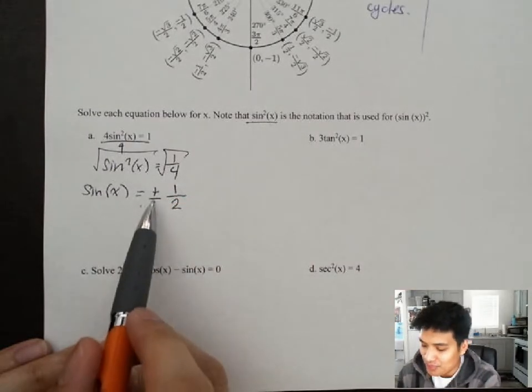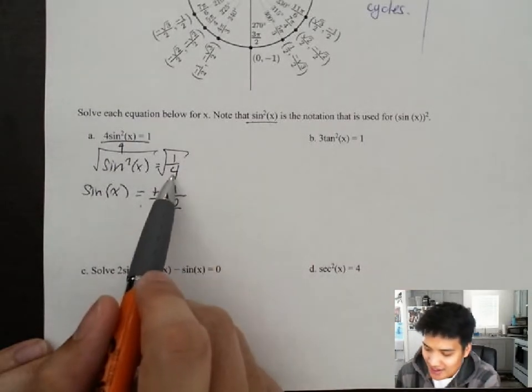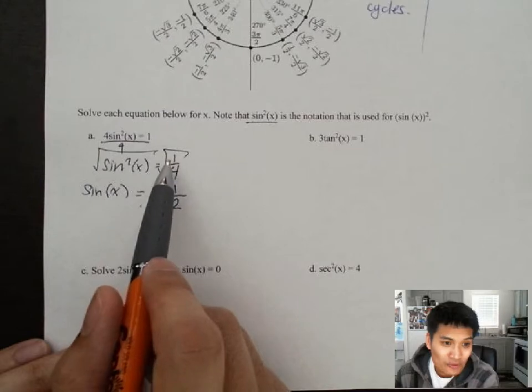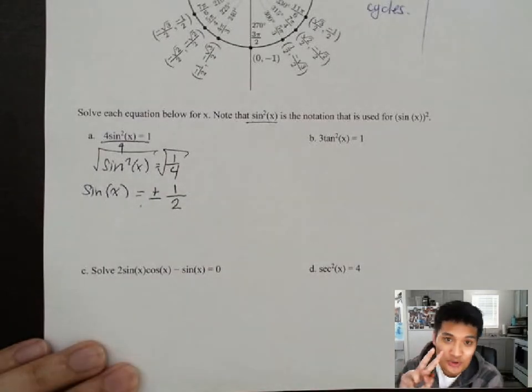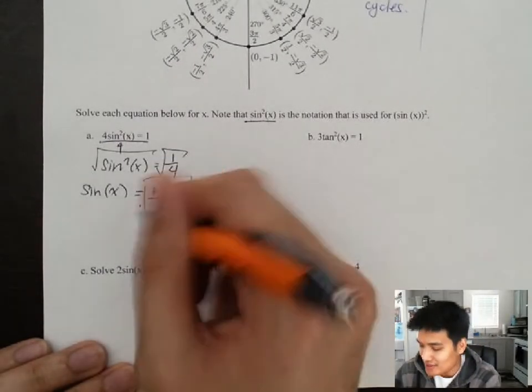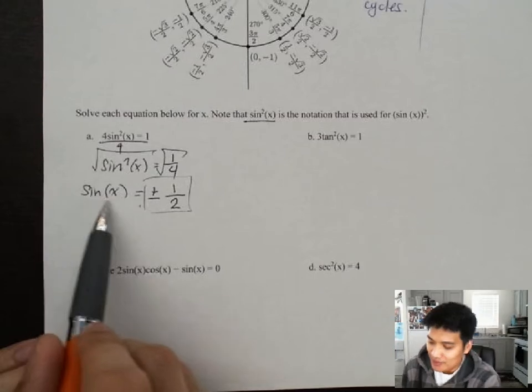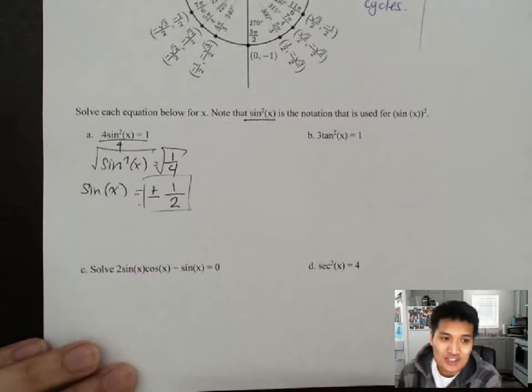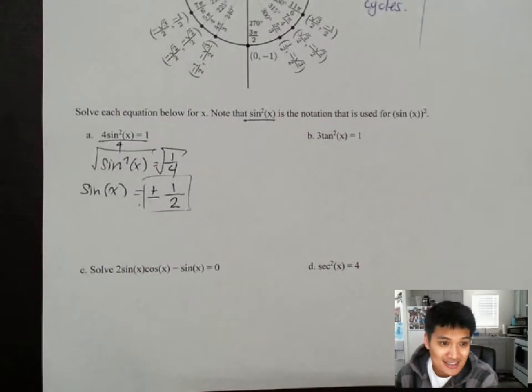This one's very important because, if we wanted to get 1/4, I can multiply either negative 1/2 or 1/2. So that's why I wrote it like this. Now you might be thinking, how are we going to get the solutions here? In this case, what I'd recommend is to look at the unit circle.